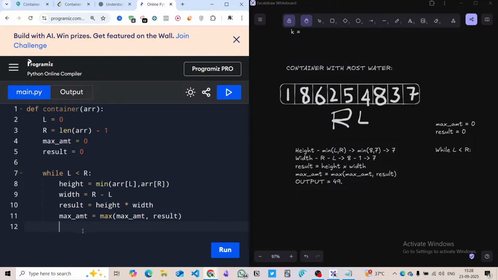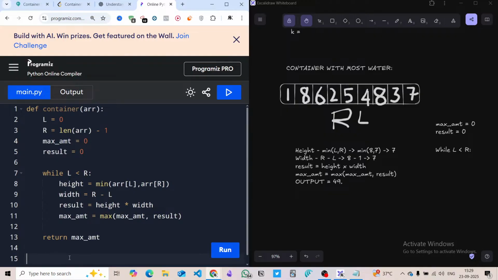Then everything, just return the maximum amount. Okay, so now what we need to do is just create an object. Before that, we need an array.